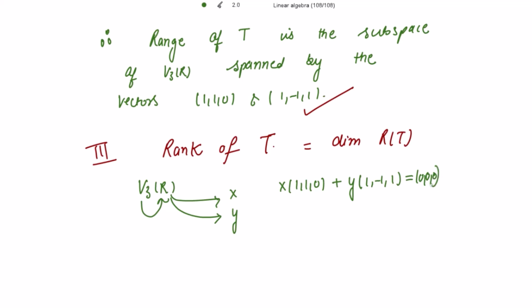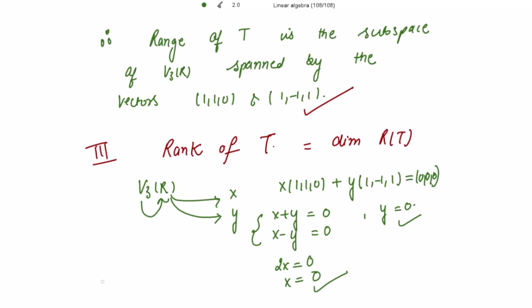So writing this as (0, 0, 0). Okay, from here I get x plus y equal to 0, and then x minus y equal to 0, and then from the third one we get y equal to 0. So from these two, if I add these two, we get 2x equal to 0, implying x is 0. So y is also 0, x is also 0.